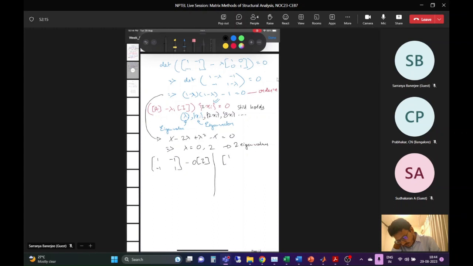The other case is 1 minus 1, minus 1 1, minus 2I. We are coming to a very interesting point now. So this will give 1 minus 1, minus 1 1, and for the other, minus 1 minus 1.